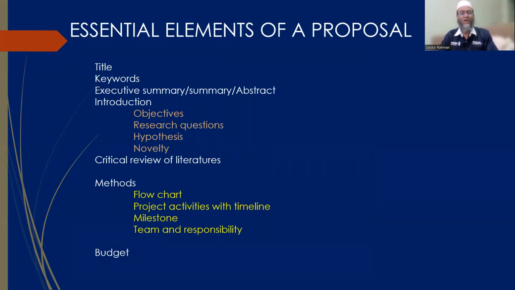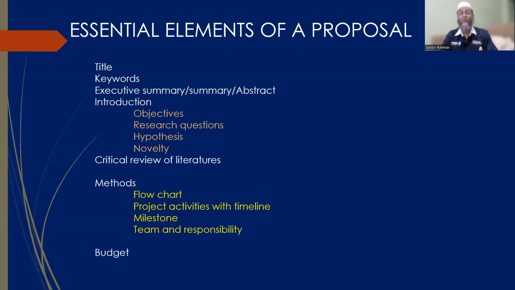So this slide is actually the most important slide for all of you. I put it here, as you can see: the essential elements, core elements, major elements, the most important elements of research funding. That's why this slide is very important for this video. As you can see, when you are going to write a proposal, there must be a title.